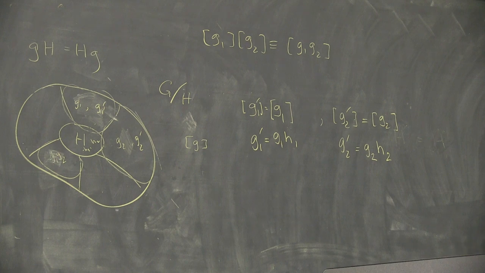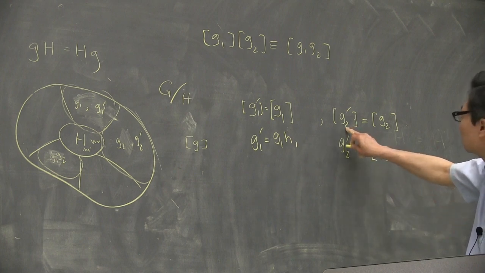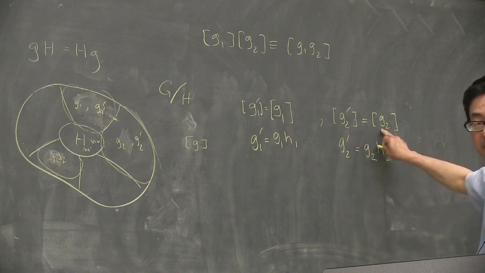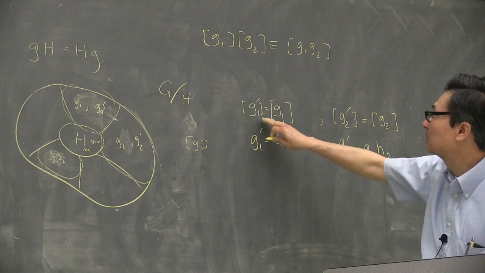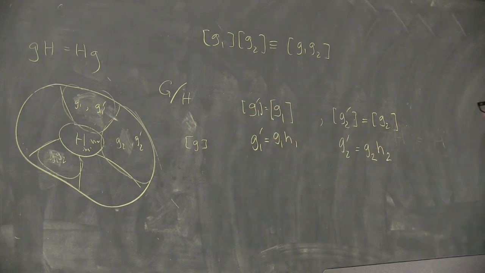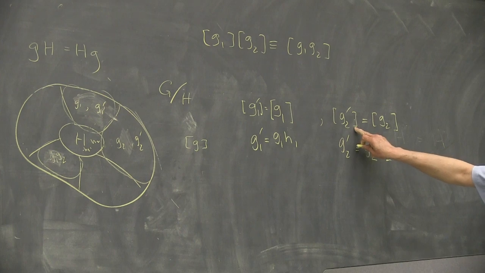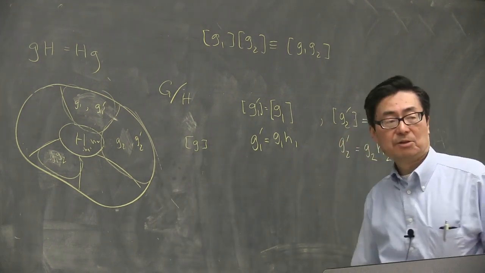Now, what I would like to show you is that the way to represent a coset does not depend on the representative. In other words, you can choose either G1 or G1 prime to represent that coset, or you can choose G2 or G2 prime to represent this coset.